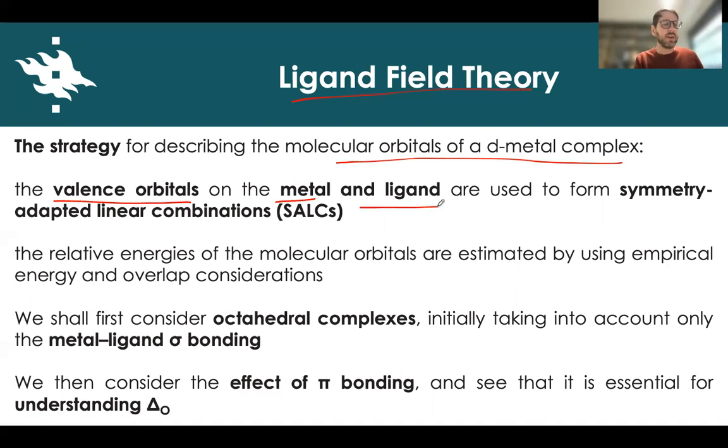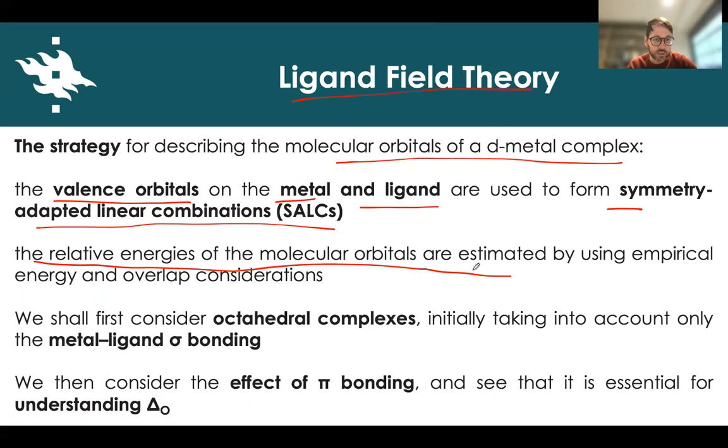So we use the valence orbitals on the metal and the ligand to form symmetry adapted linear combinations of orbitals that can therefore overlap with each other to generate these molecular orbitals. In this case, the relative energies of the molecular orbitals are estimated by using empirical energy and overlap considerations.